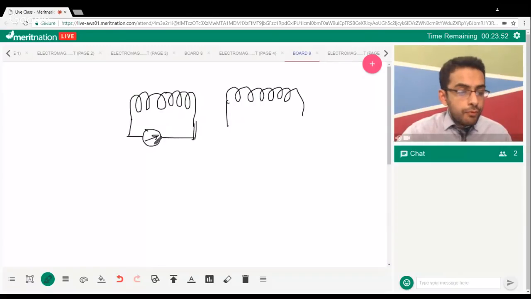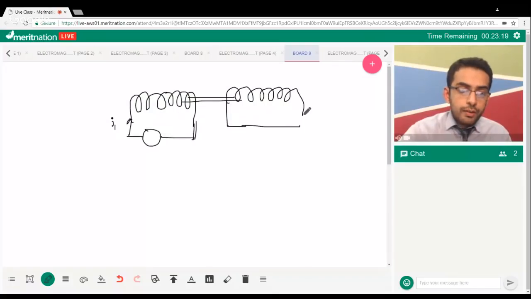In that situation, the current I flowing in this coil will be variable, and variable current will have variable flux. And that variable flux produces EMF in the other coil.